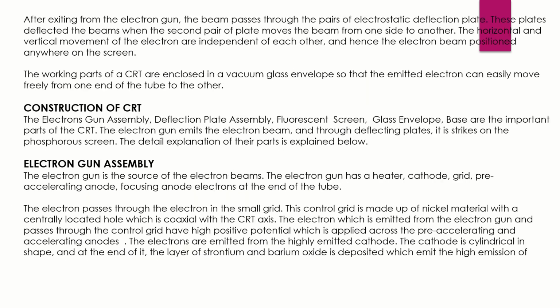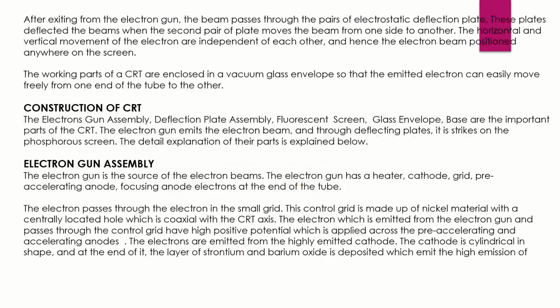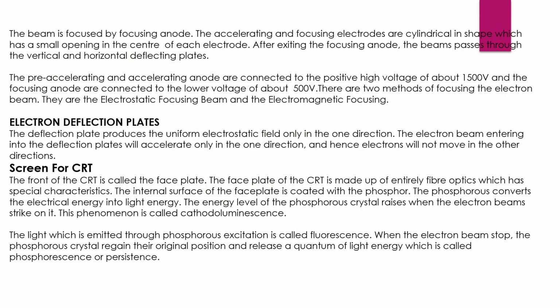Next is the screen of the CRT, which is made up of phosphor. This is also called the faceplate. This plate is made up of fiber optics, which has a special character.